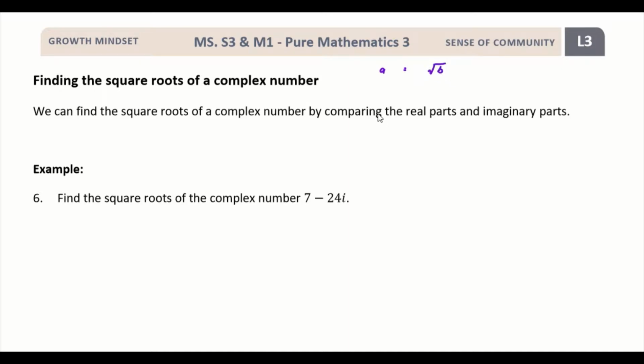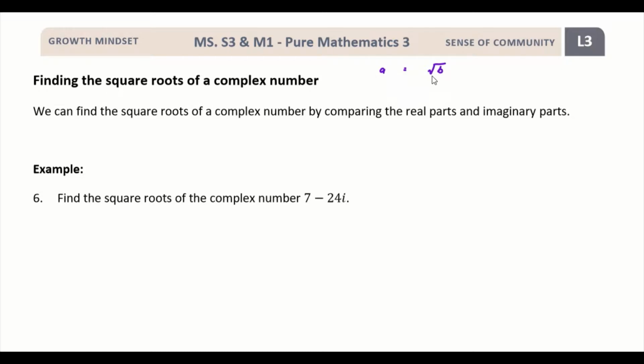What do you think is the square root of a complex number? Will it be a real number or a complex number? If my b is a positive number, then my a will always be a real number after I do the square root. It's just either a rational number or an irrational number, that's it.